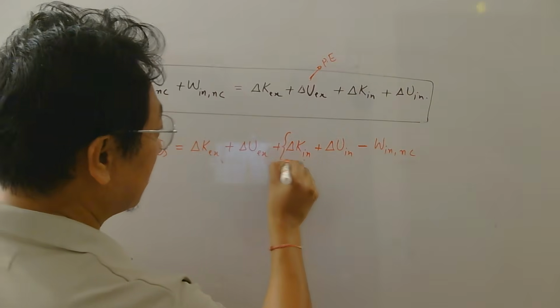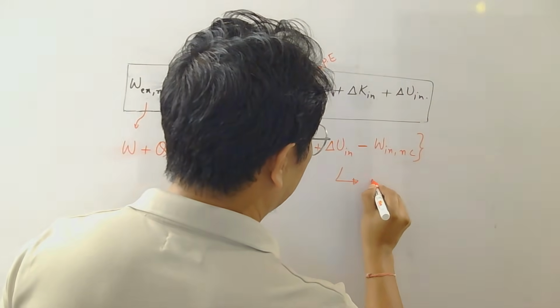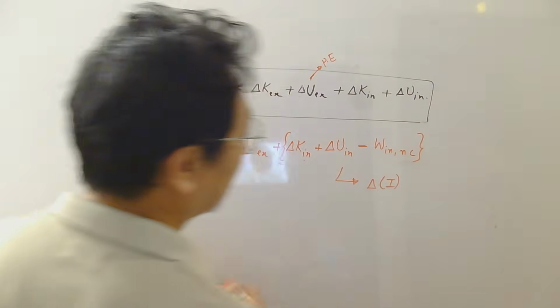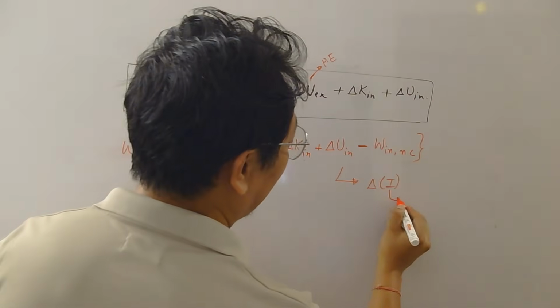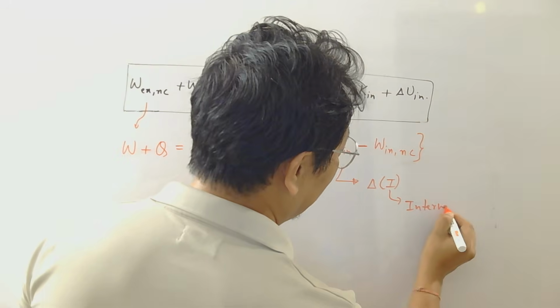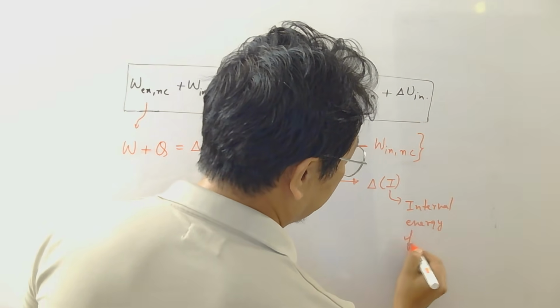So in thermodynamics, we write this as change in internal energy of the system. So let me write it as capital I. So capital I here means internal energy of the system.